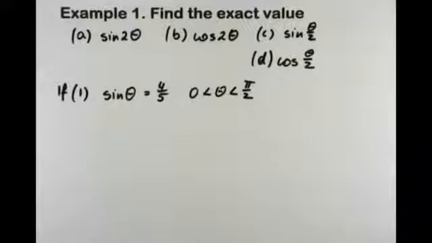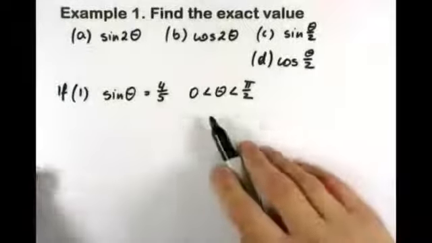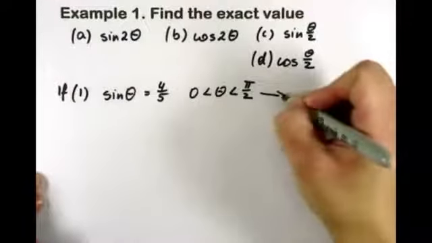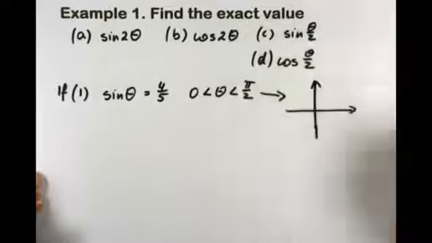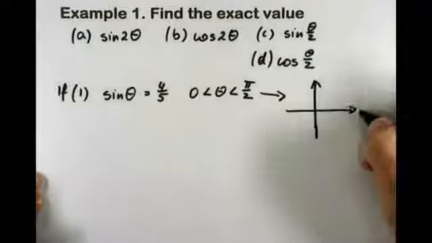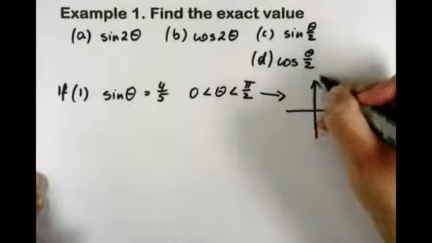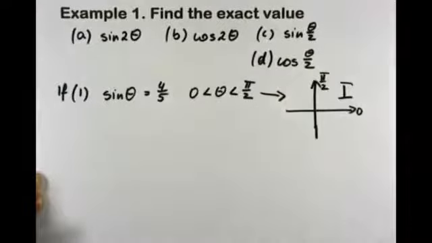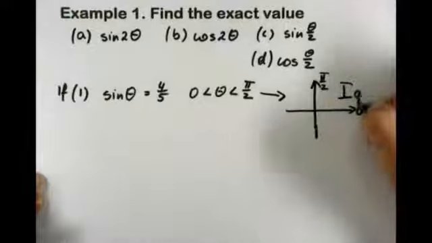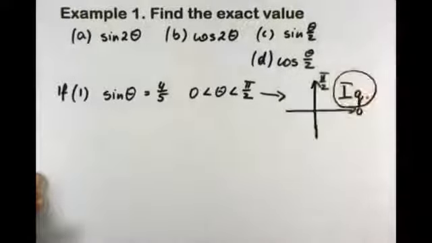So from this information, between 0 and pi over 2, we know that theta is in what quadrant? 0, half pi, 90 degrees is pi over 2. So my theta is in the first quadrant.